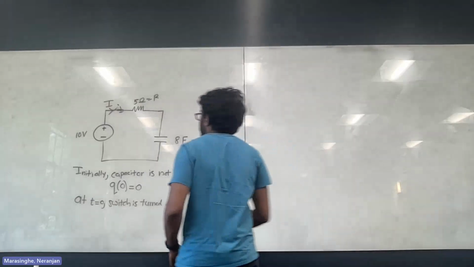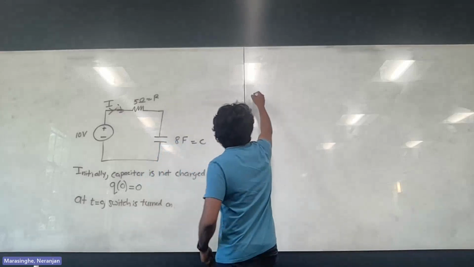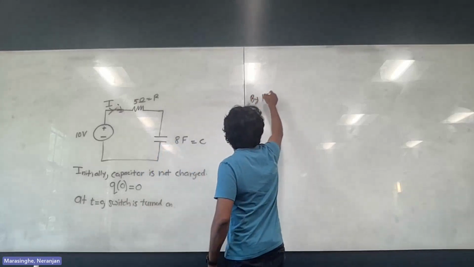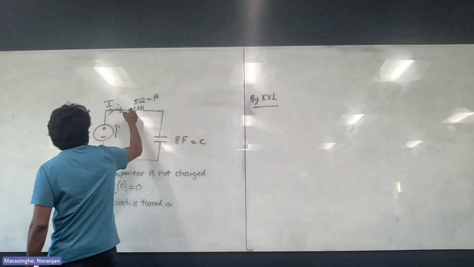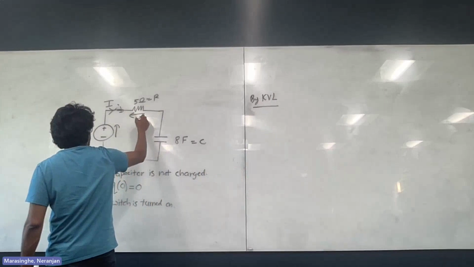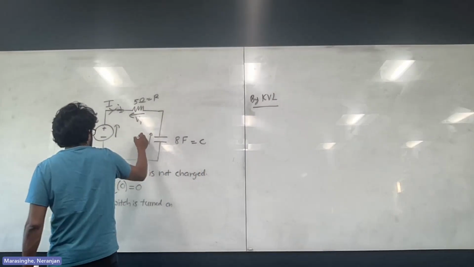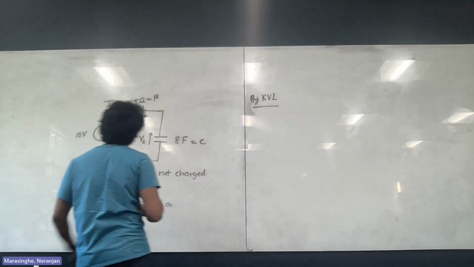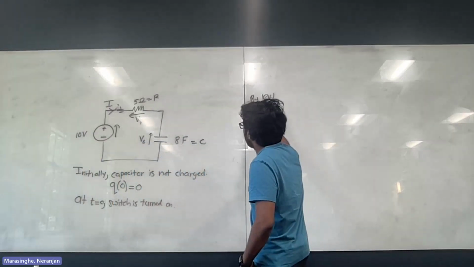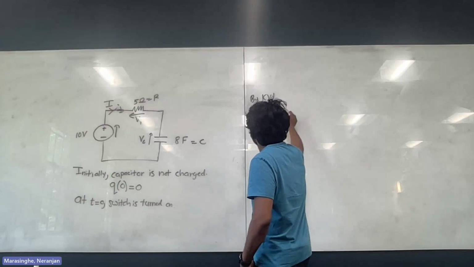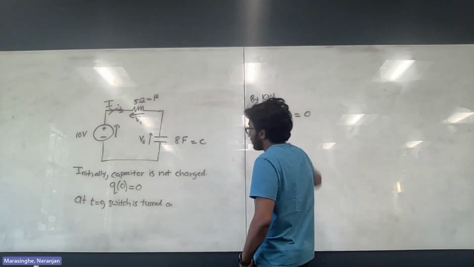First, we will apply Kirchhoff's voltage law. By KVL, this is my voltage source, this is the voltage across the resistor VR, and this is the voltage across the capacitor VC. By Kirchhoff's voltage law, I can say 10 minus VR minus VC is equal to 0.